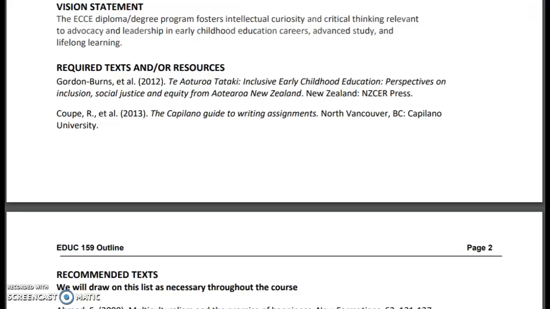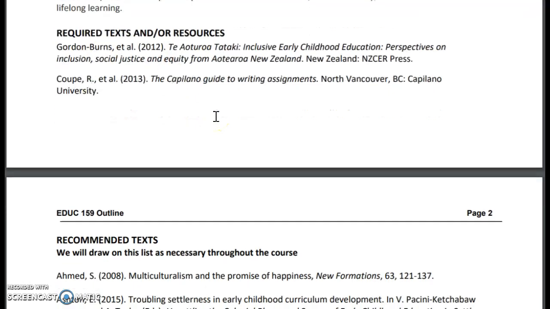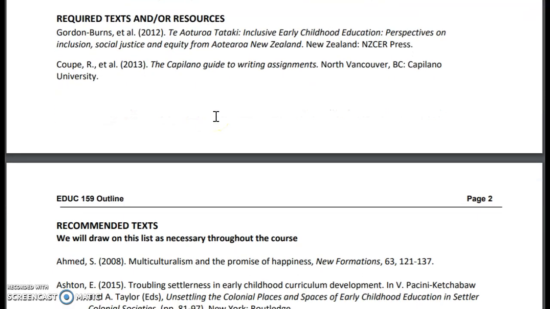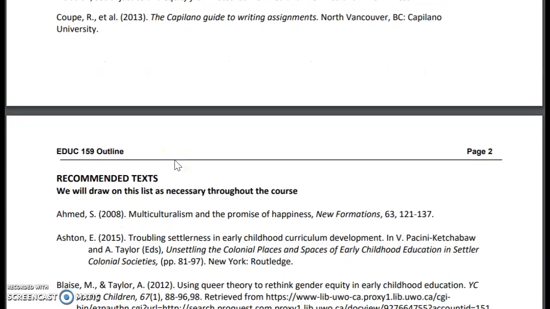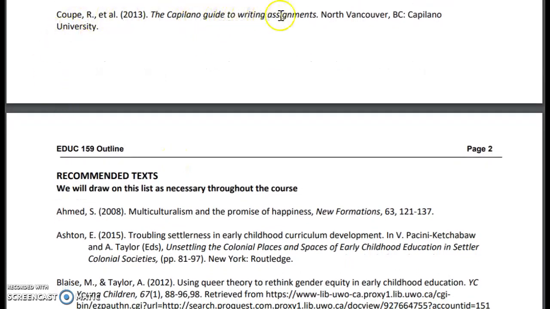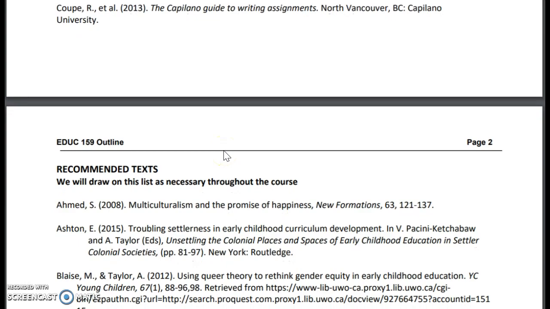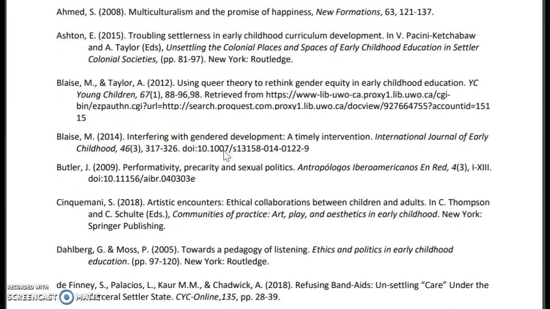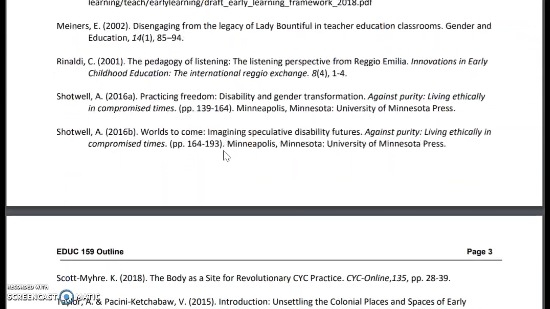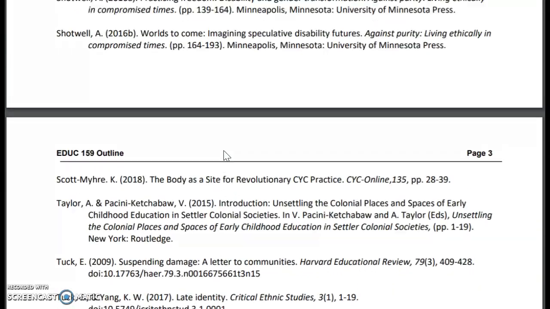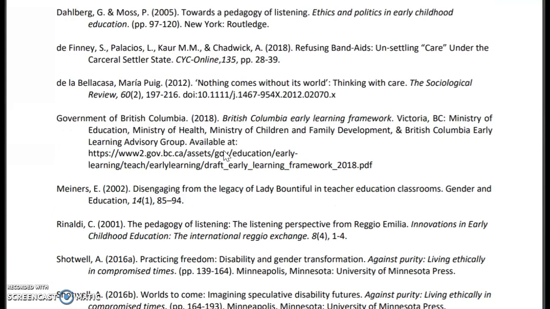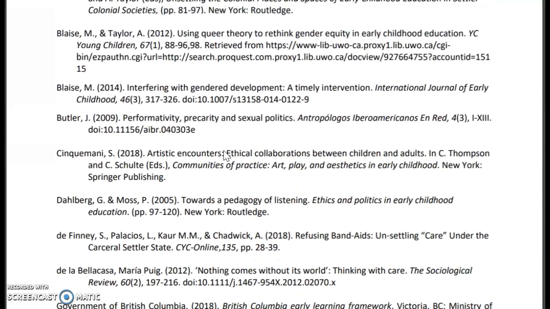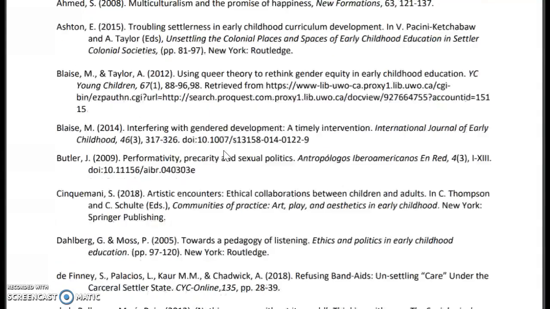And in collaboration with that book, we'll also be utilizing this Capilano Guide to Writing Assignments to help you with your written work. And then we'll also be drawing a lot from this list of articles and chapters from other books as well, because I think that we really need to also take a critical lens at some of the ideas that are shared in the core text and look at it from multiple perspectives.